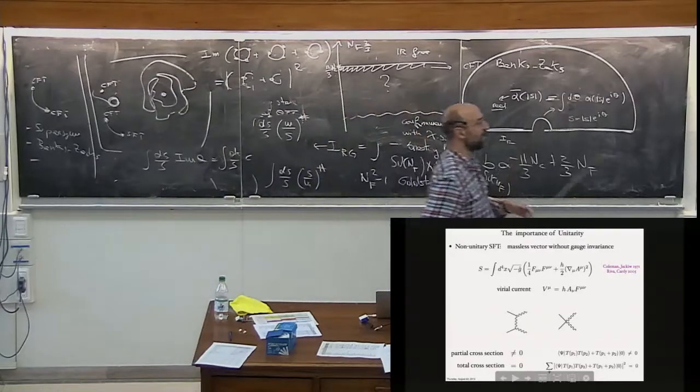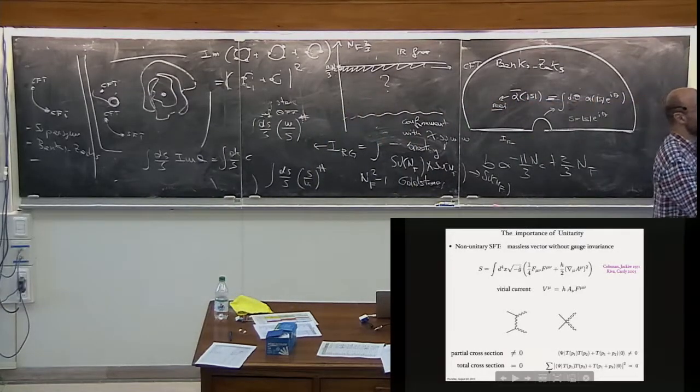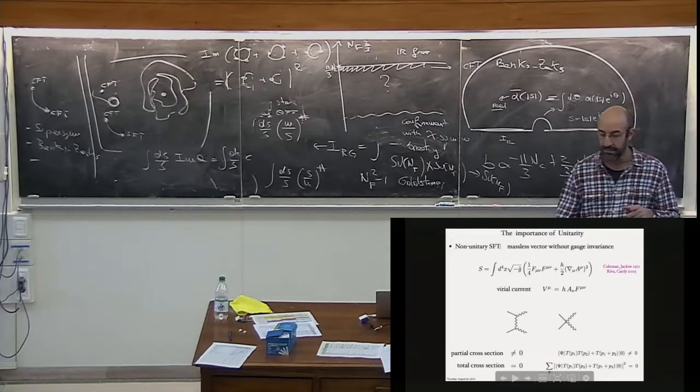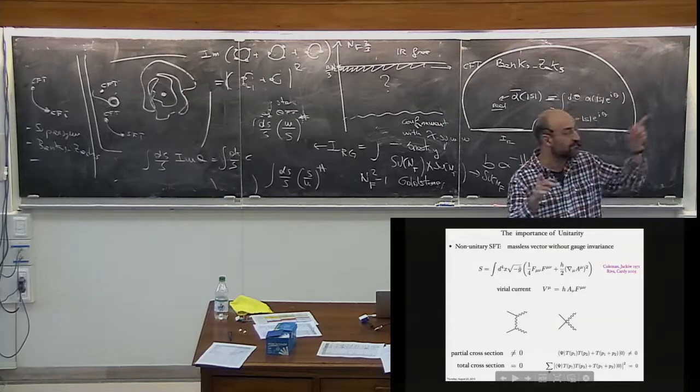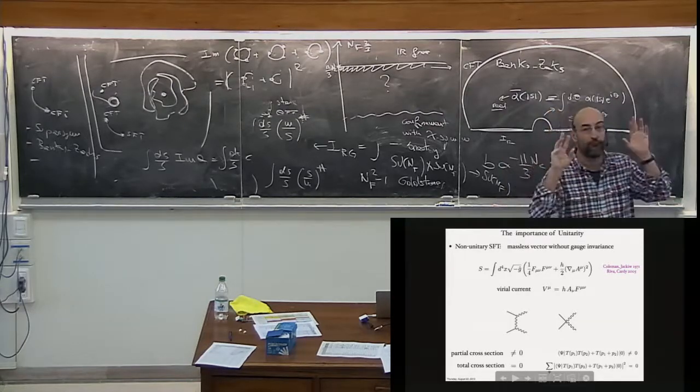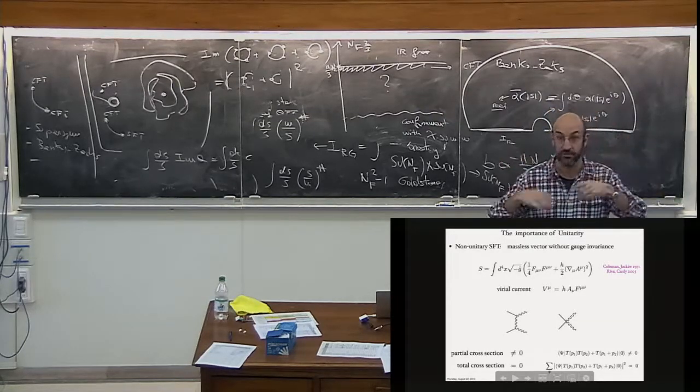So you just do the computation, and you find that the partial cross-section, the absorption of 2 dilatons going to these photons in any arbitrary direction, is non-zero.